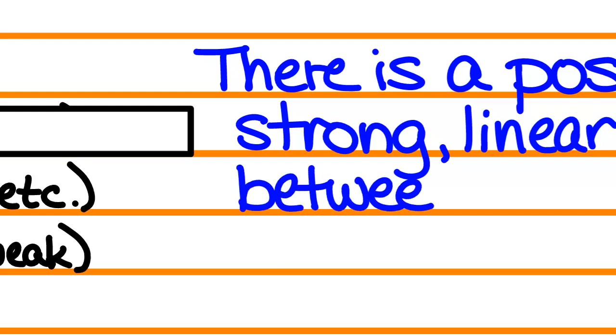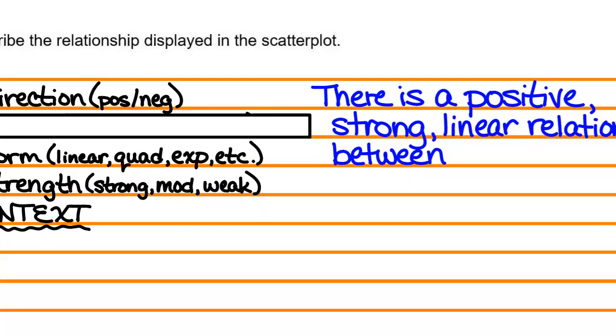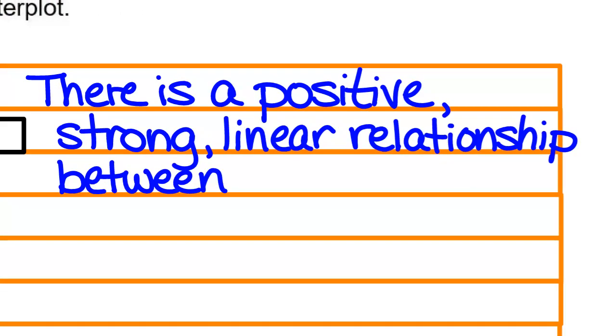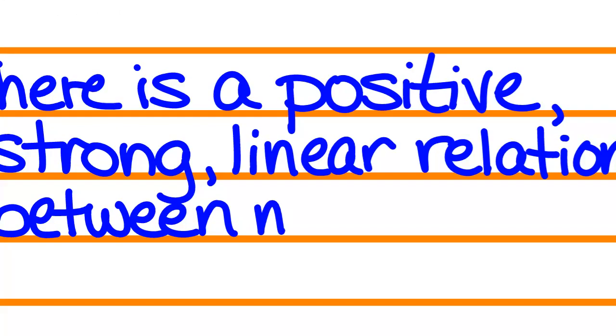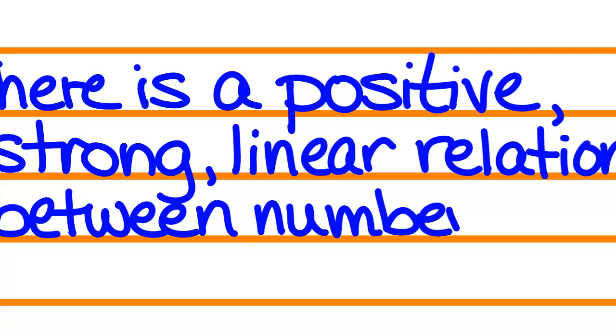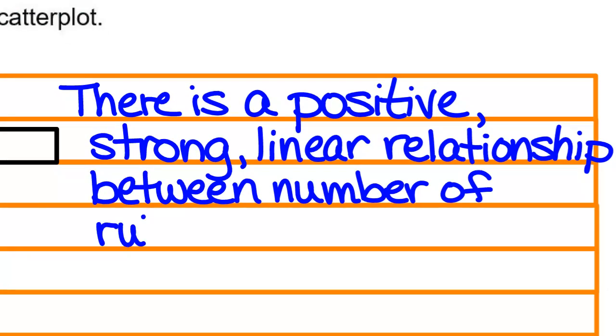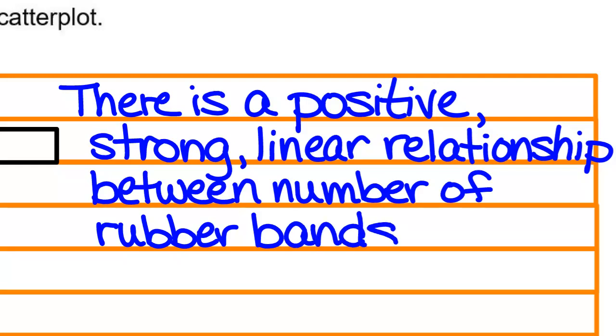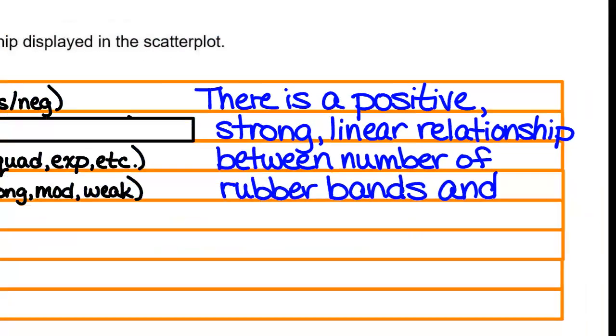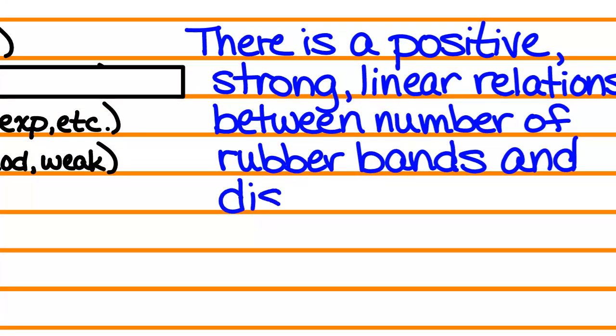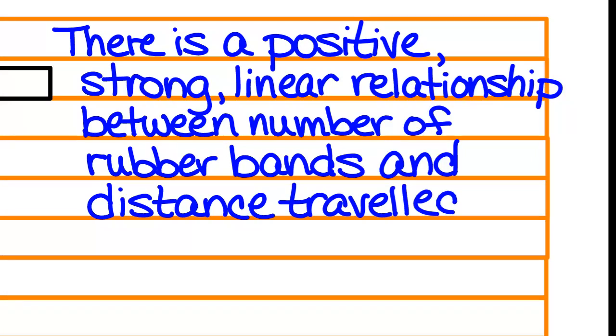between, and we're going to name our variables here. What were the variables again? Number of rubber bands and distance traveled. And I'm going to put my units for distance traveled.